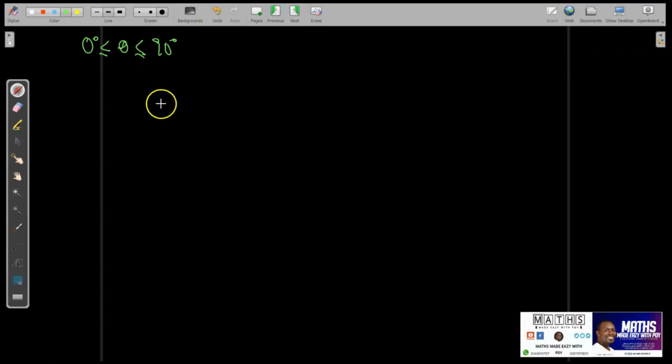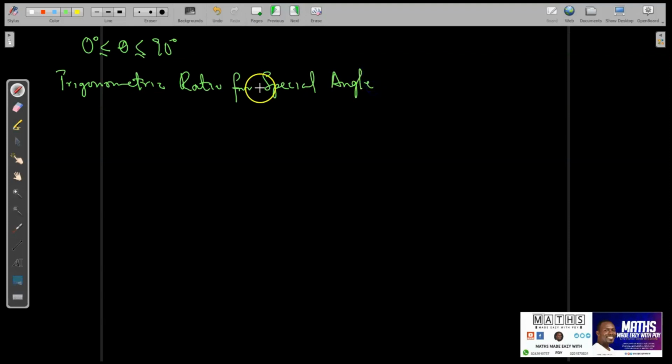So today we are going to look at the trigonometric ratios for special angles.